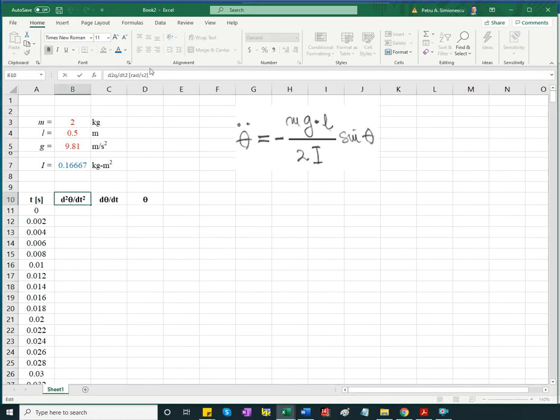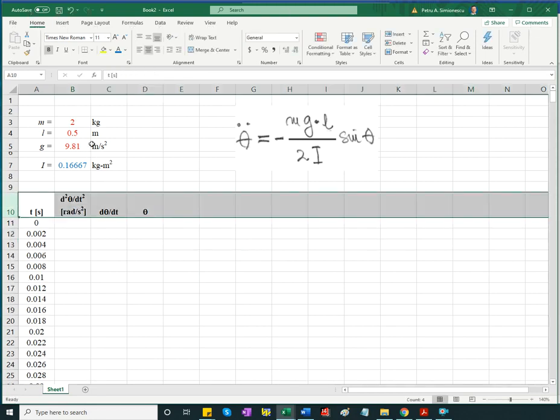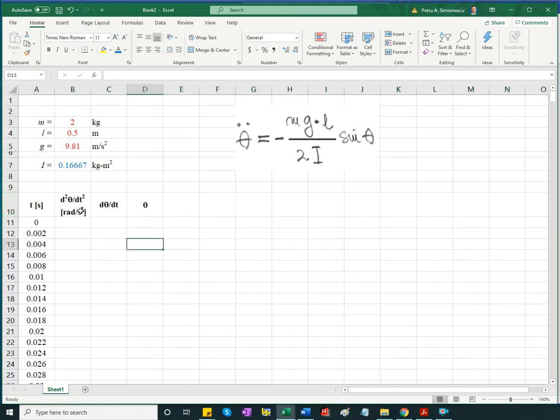Alright, and here's a trick. I hold the Alt key and press enter, and now I have them broken on 2 rows, and then this one would be in radians per second, and likewise with Alt and enter, and this last one will be radians.